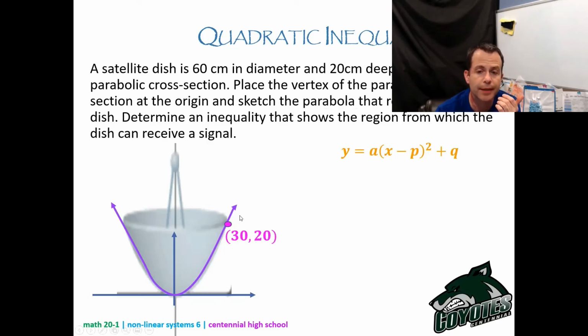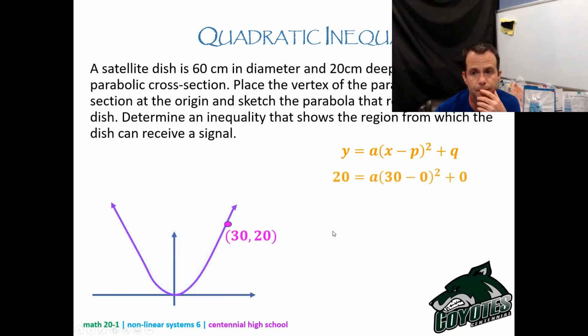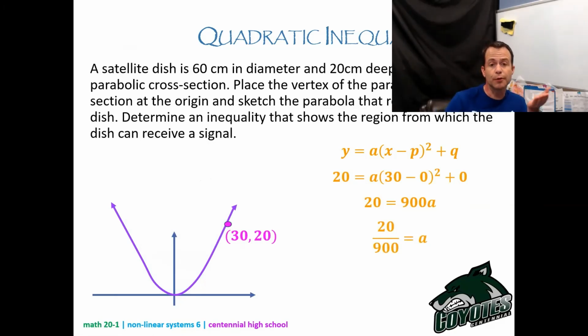Then I'll use my 30 and my 20 as a friendly x and y value so I can solve for a. 30 minus 0 is 30. 30 squared is 900. So I'm looking at 20 equals 900a. So a ends up being 20 over 900, which can be reduced to 2 over 90, and further reduced to 1 over 45. So a is going to be 1 over 45.